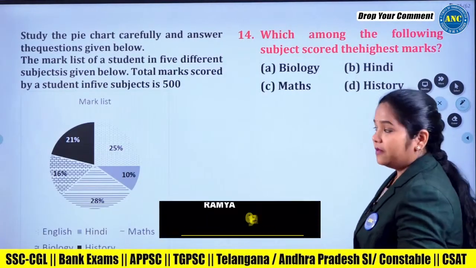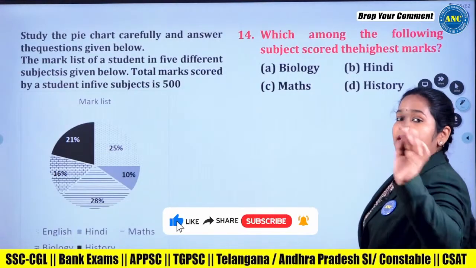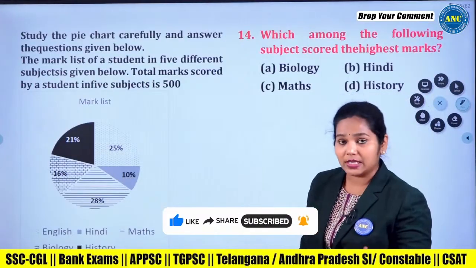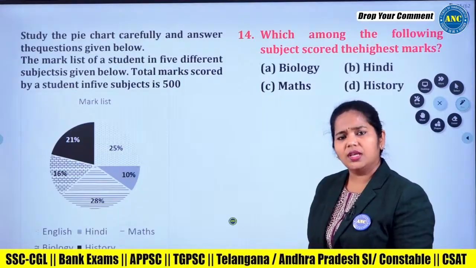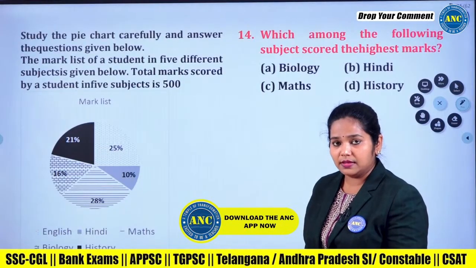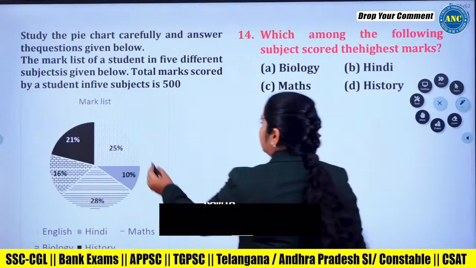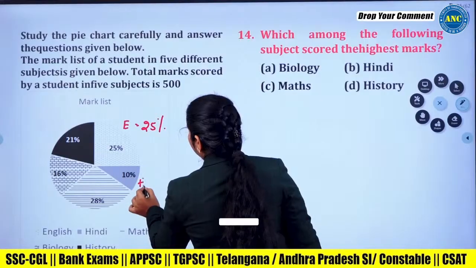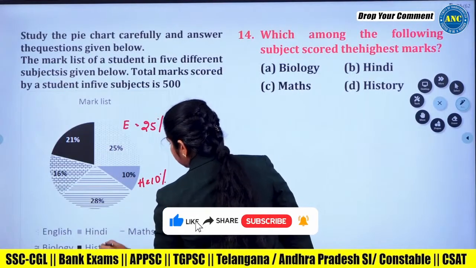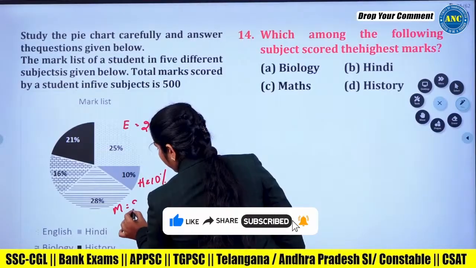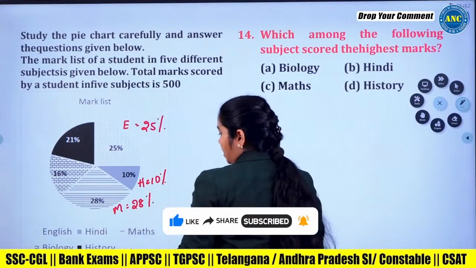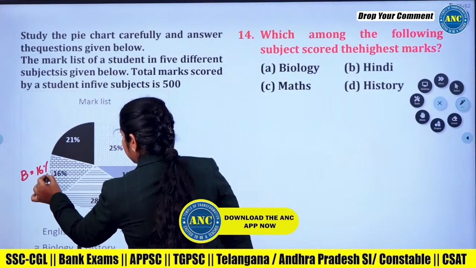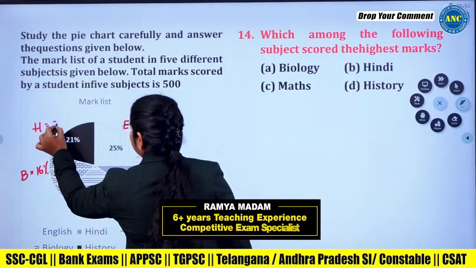Same thing. Whichever subject has the highest percentage, in that subject this student got the highest marks. So take the data. English 25%, Hindi 10%, Maths 28%, Biology 16% and History 21%.